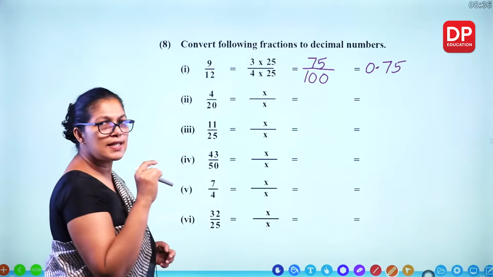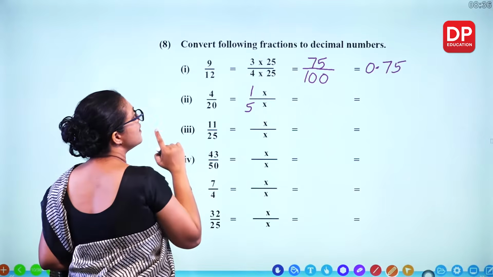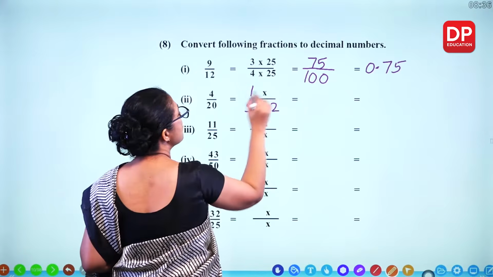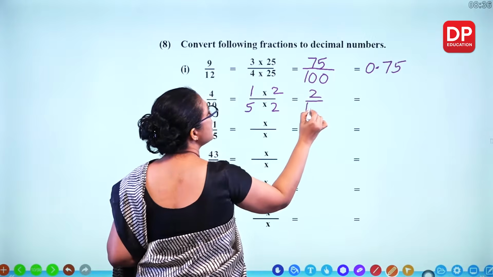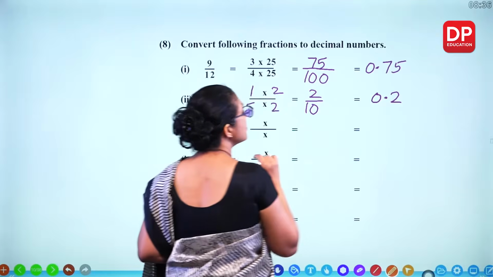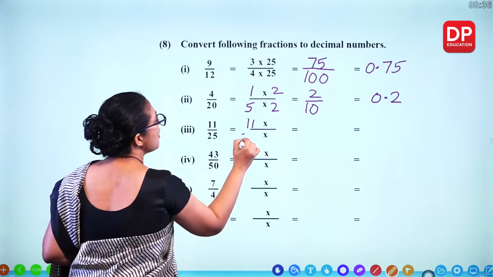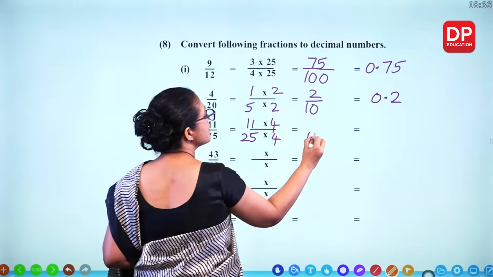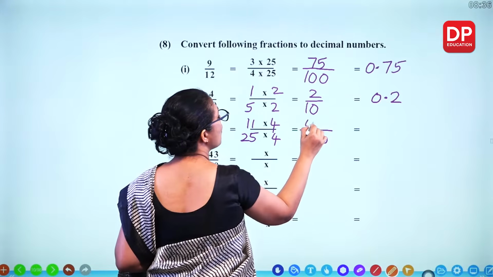4 over 20, simplify, divide by 4, 1 and 5. Now how do you get 10? Multiply by 2. So 2 over 10. 2 over 10 is 0.2. 25 is there. So multiply by 4 to get 100. 4 times 11 is 44.